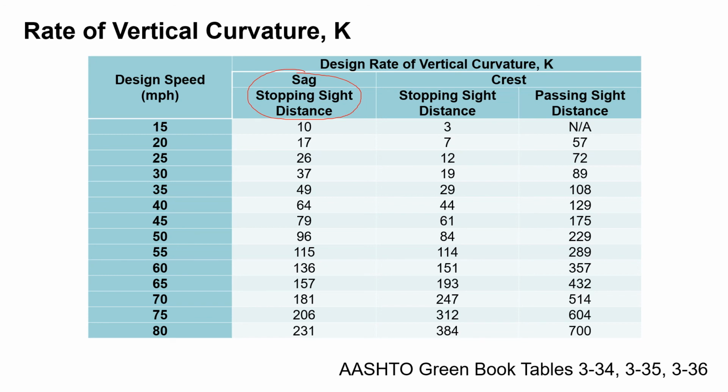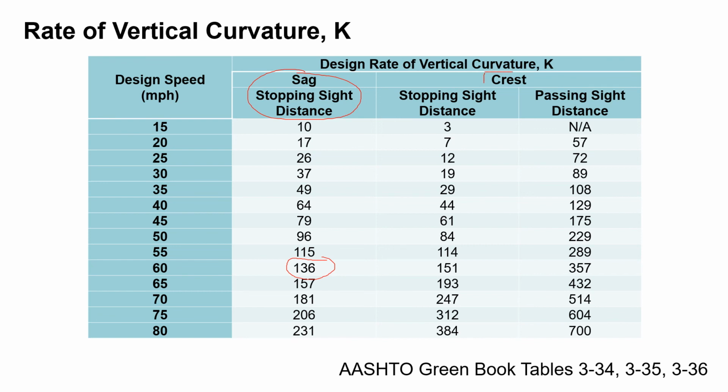This again represents the feet you need to accommodate a 1% change in grade. That's why we're multiplying by A, our algebraic difference in grades. So for instance, this value 136, for every 1% change in grade, you need 136 feet in length to accommodate that transition.